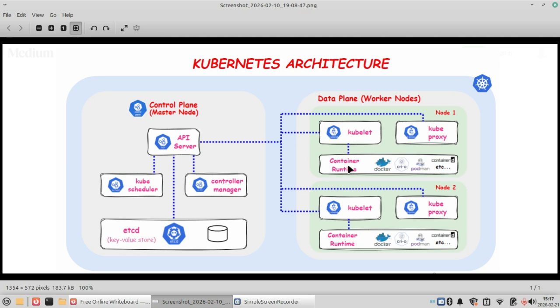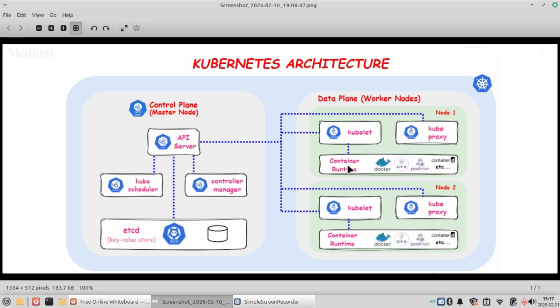So the container runtime is what actually runs your container workloads. It is software that runs containers on the host machine, all right.